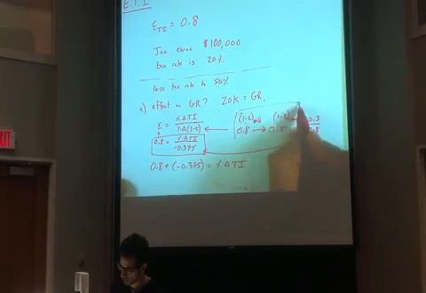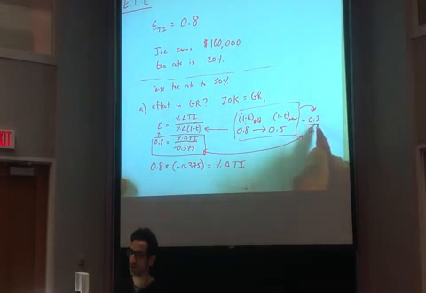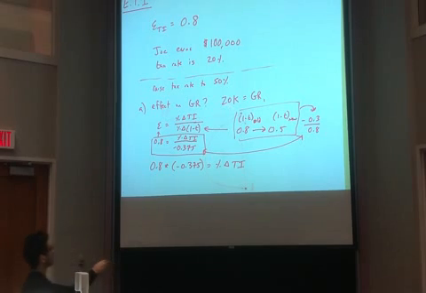So I use that to compute the percentage change in 1 minus t, which is this. That's the old one, that's the new one. To calculate the percentage change, you do the difference between them, new minus old, divided by old. That is the denominator.